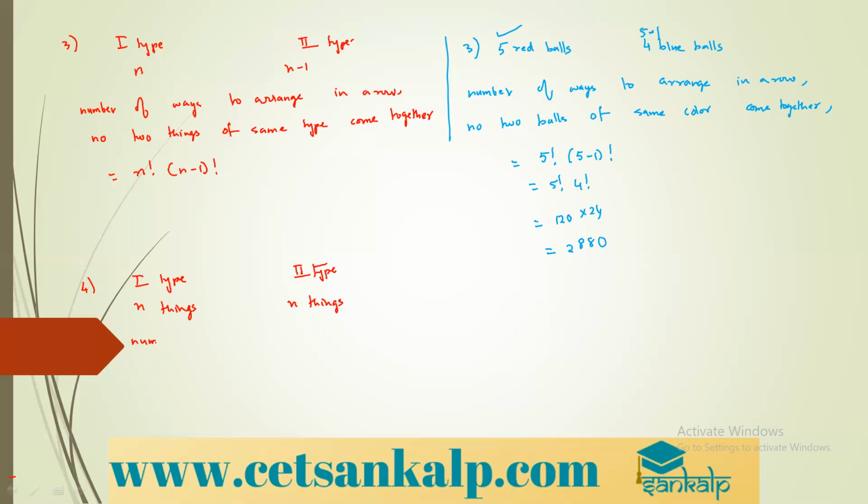So number of ways to arrange all these things in a row, but the condition is they have to be arranged alternatively. That will be 2 into n factorial into n factorial.